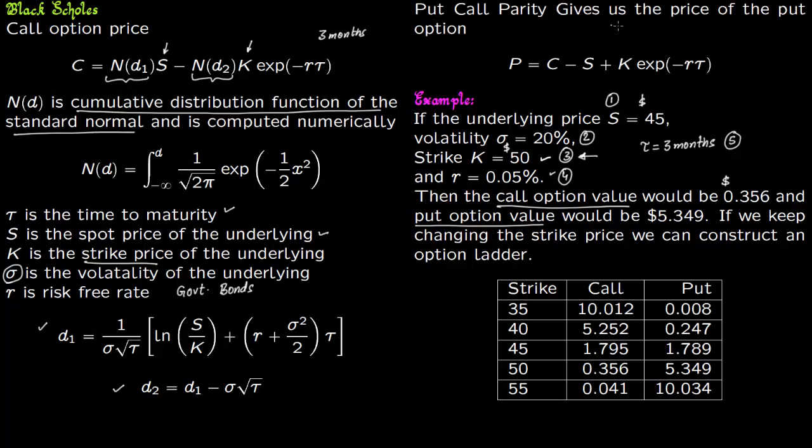The put-call parity gives us the put option price: put is equal to call minus the spot price plus strike times exponential of minus risk-free rate times tau. This is quite a mouthful, and unless you're doing mathematical finance, you do not worry about the underlying details. You can just use software and that will give you the call and put prices.